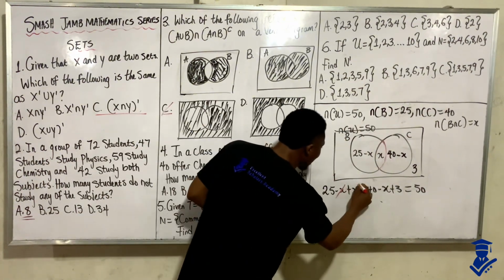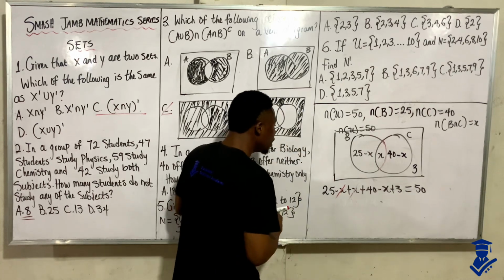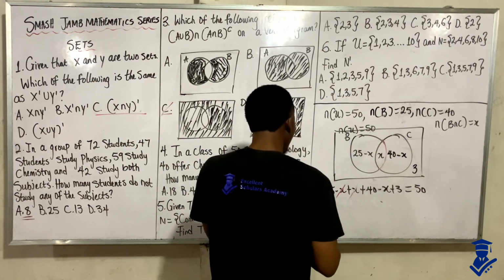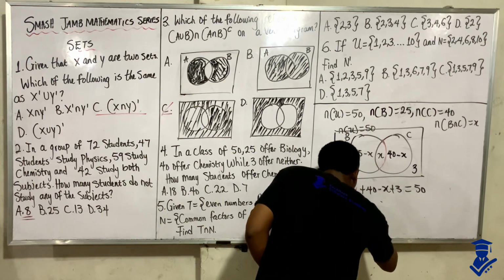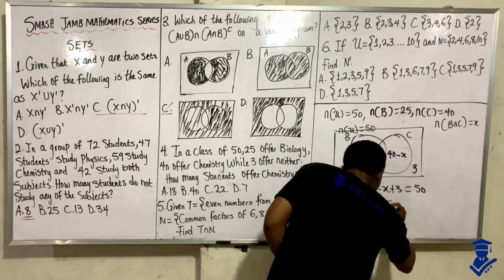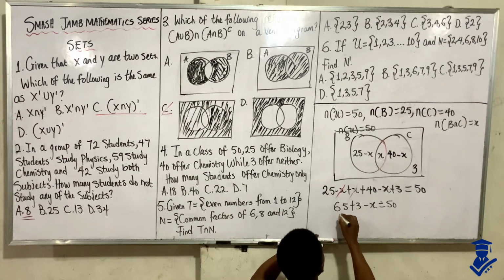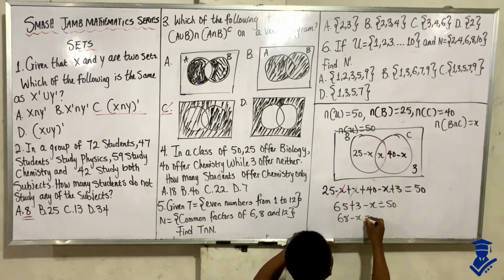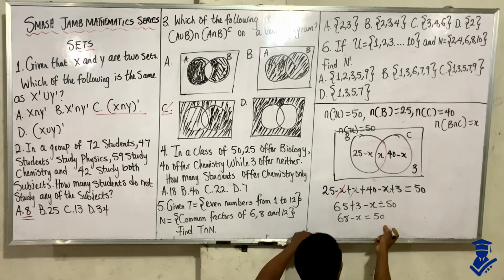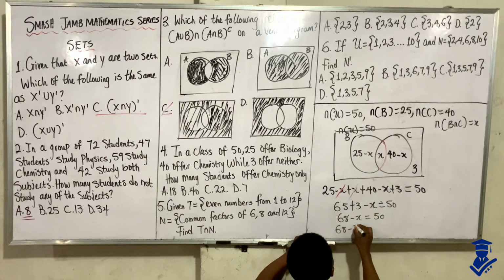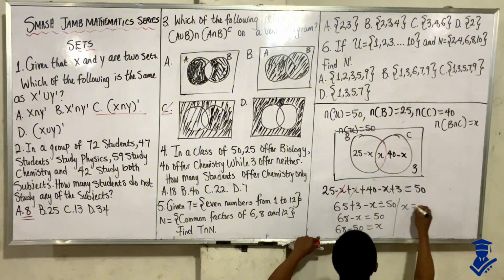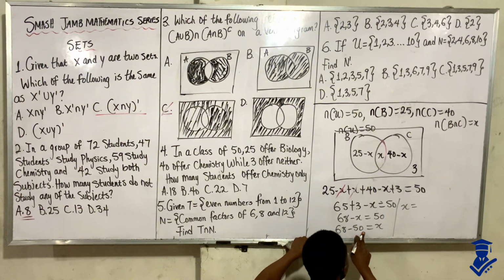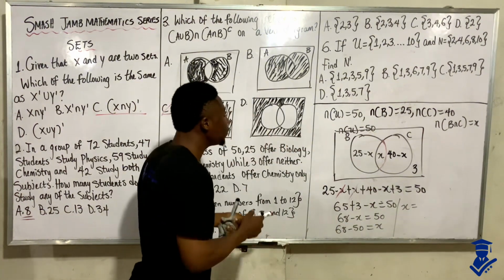This is going to be minus X plus X. Will cancel out, right? So 25 plus 40 is going to give us 65. Plus 3 minus X is equal to 50. So 65 plus 3 gives us 68 minus X is equal to 50. Now take minus X here, take 50 here. You have 68 minus 50 is equal to X. And then finally, you're going to have it that X is equal to 68 minus 50. Alright? 68 minus 50 is going to give us what?